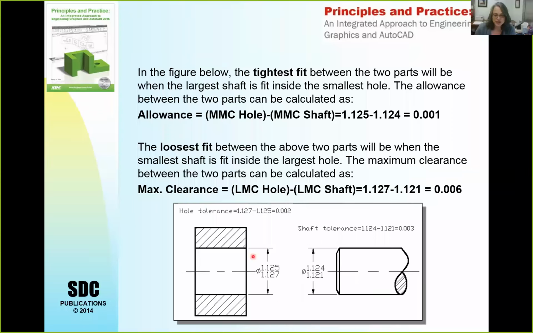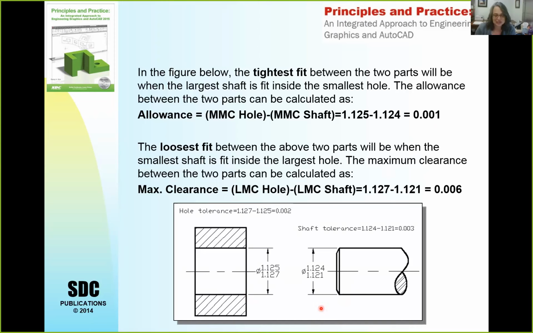So if we look at this drawing right here, the tightest fit, our smallest hole is 1.125, and our largest shaft is 1.124. So if we take the difference between those values, we're going to get the smallest allowed clearance, which is 1/1000th. Okay? So that's the tightest fit between these two parts.